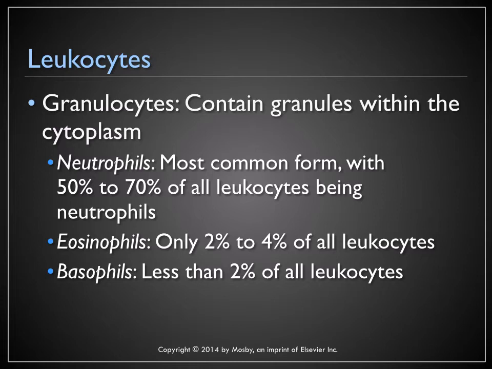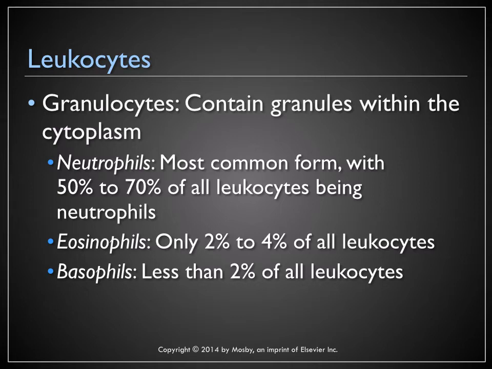What does an eosinophil do? The neutrophil is actually the primary phagocytic cell, and it is very much involved in the acute inflammatory process.